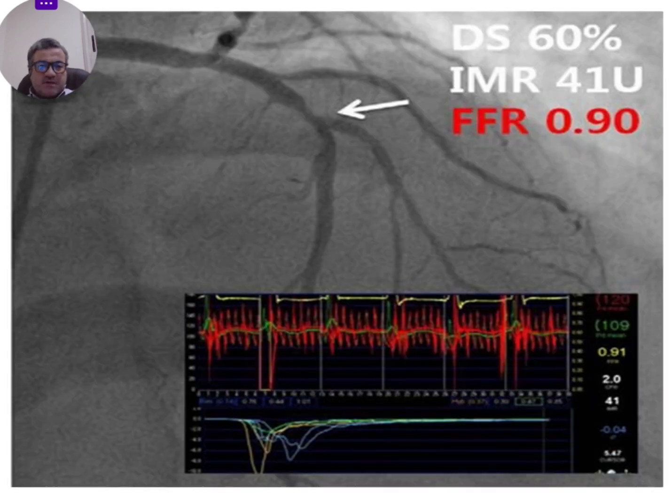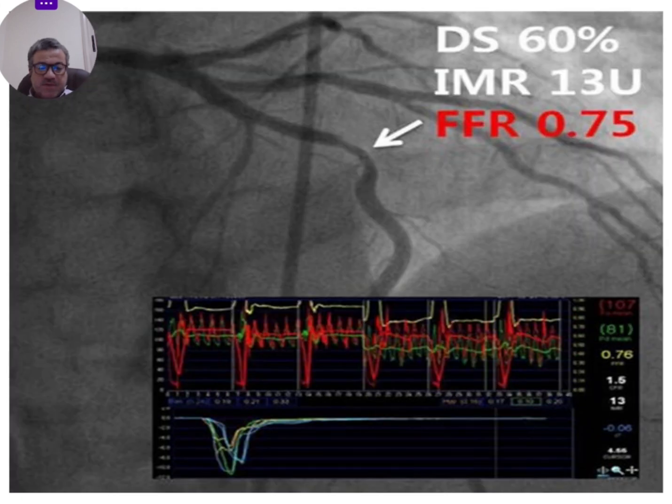If after doing FFR the estimated FFR is about 0.9, at that reading we will not do a PCI. For the other lesion, the FFR is about 0.75, so we will consider a PCI.